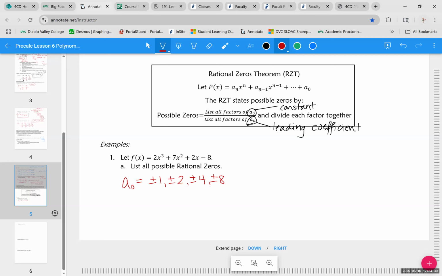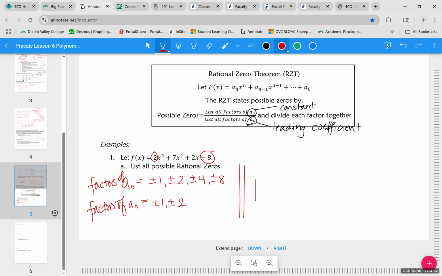These are the factors of my constant. My constant is -8, right? So what goes into 8? 1 and 8, 2 and 4. And my factors of the leading coefficient is just 2, so that'd be 1 and 2.